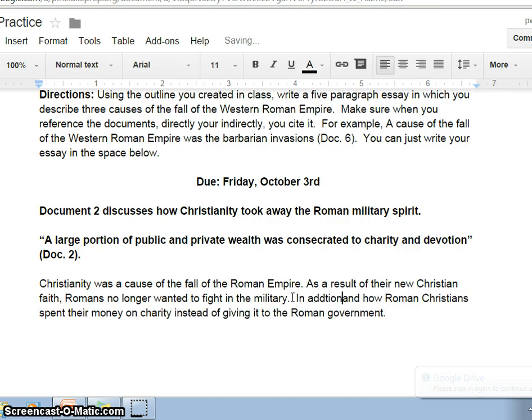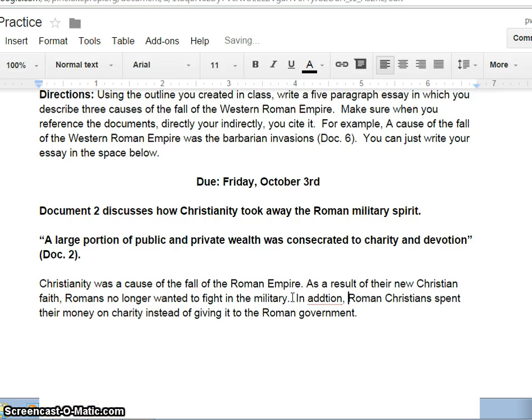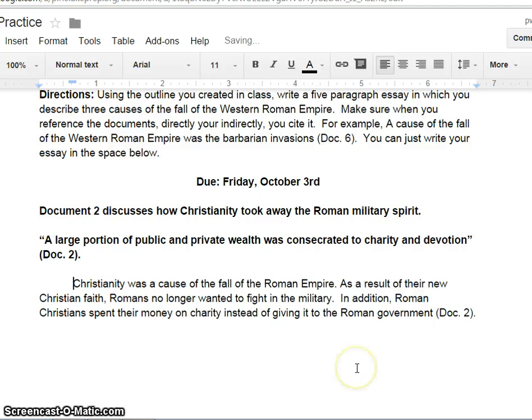In addition, Roman Christians spent their money on charity instead of giving it to the Roman government. So if we don't make a direct reference, but we're still gathering information from a document, we need to indicate which document we got that from, we would put in parentheses doc 2. And then you would continue on to your next sentence. So this is the process for writing that, for finishing that one and for writing that 5-paragraph essay.